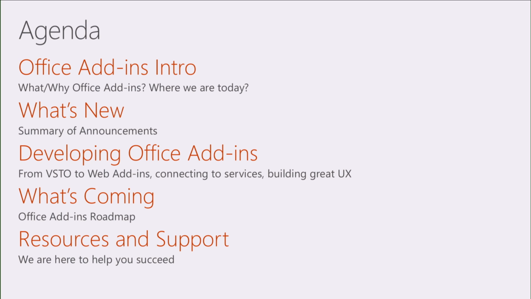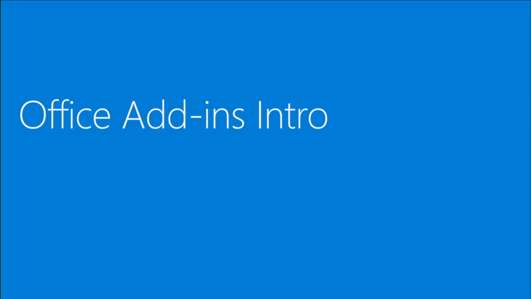We're going to talk about how to connect to services, which is one of the most common patterns that we see in the enterprise. And then we're going to talk a little bit about how to create great UX, because productivity and great UX go hand in hand. So we want you to create experiences that really enhance that productivity. We're going to close with a little bit of roadmap, what's coming, and how you can get help from us.